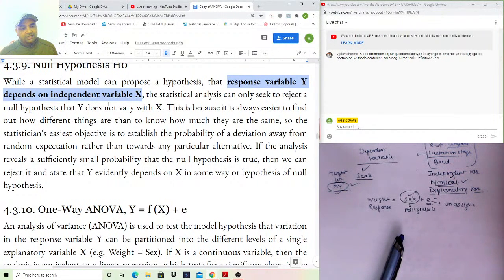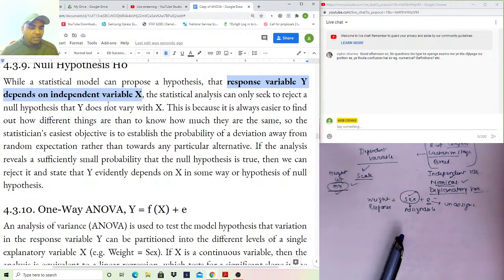If the analysis reveals a sufficiently small probability that the null hypothesis is true, then we can reject it and state that y evidently depends on x in some way. We will take this up when we go through the example, so it will be much clearer to you.